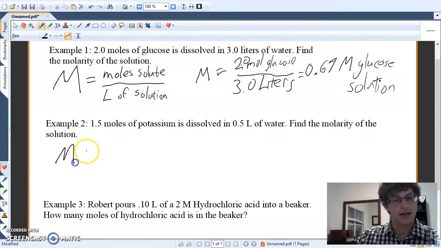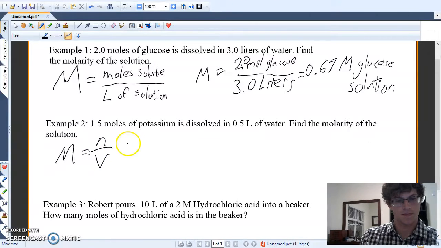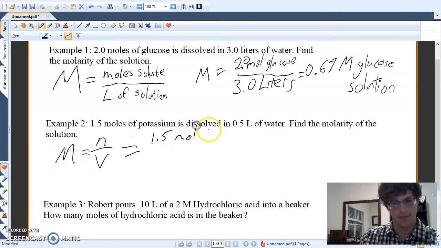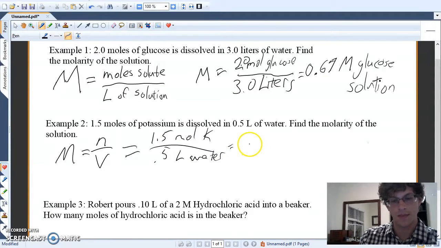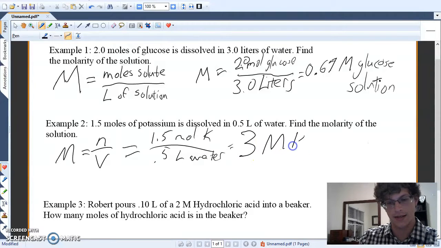So once again, let's write out our equation. This time we can use the symbols. Number of moles over volume. 1.5 moles of potassium divided by half a liter of water. That should give you 3 molar potassium solution.